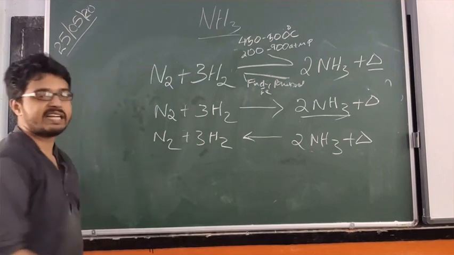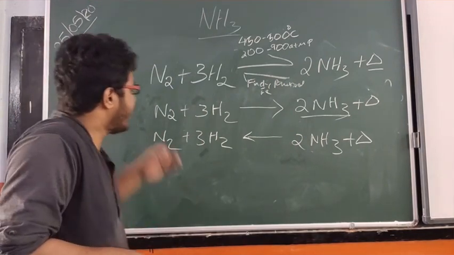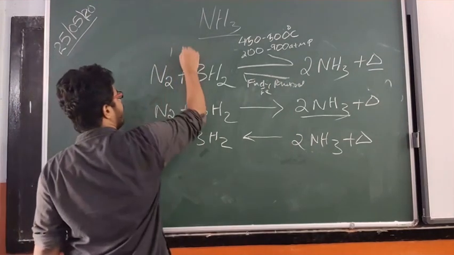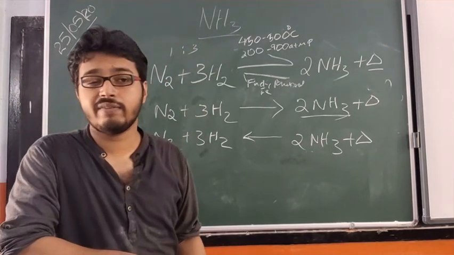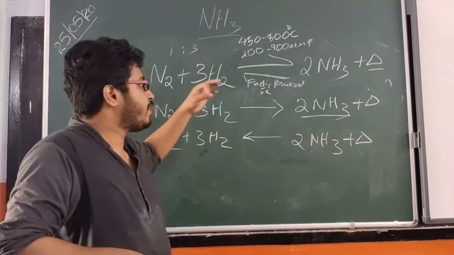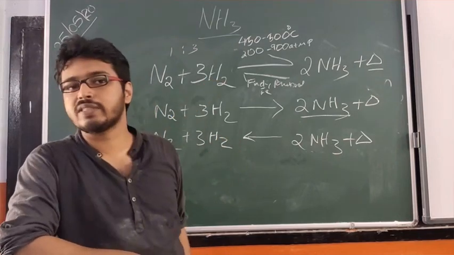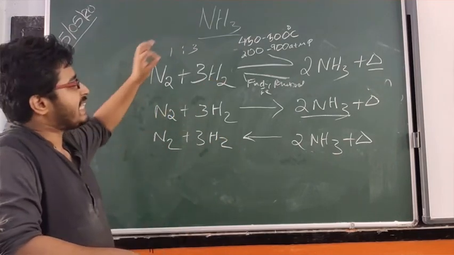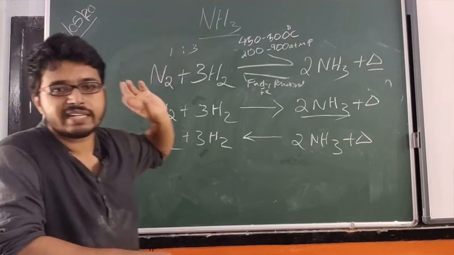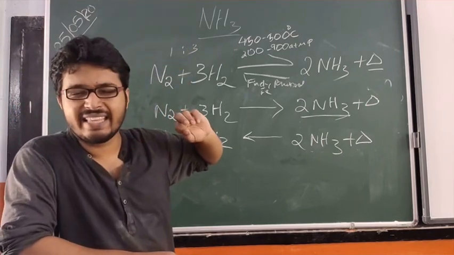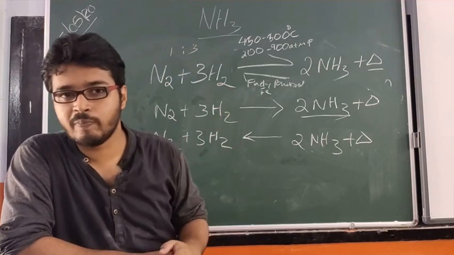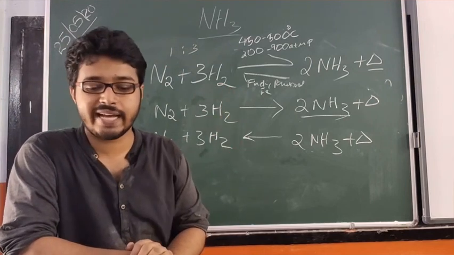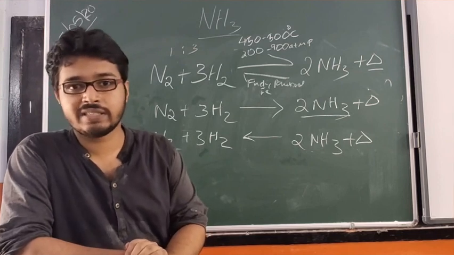So these are the three conditions that we have taken, and also a 1:3 ratio of nitrogen and hydrogen. These are the conditions that we have taken for the preparation of ammonia using the Haber process. Suppose we change any of these four factors, there will be some changes in the amount of product that is formed. Okay, we are supposed to discuss that. It is important in your syllabus.